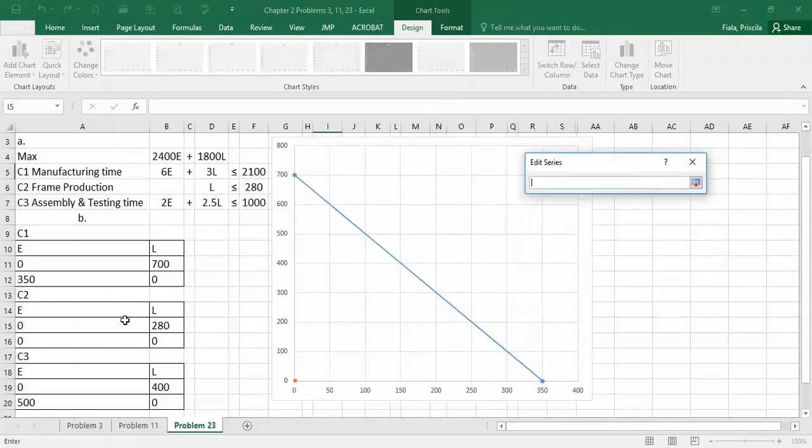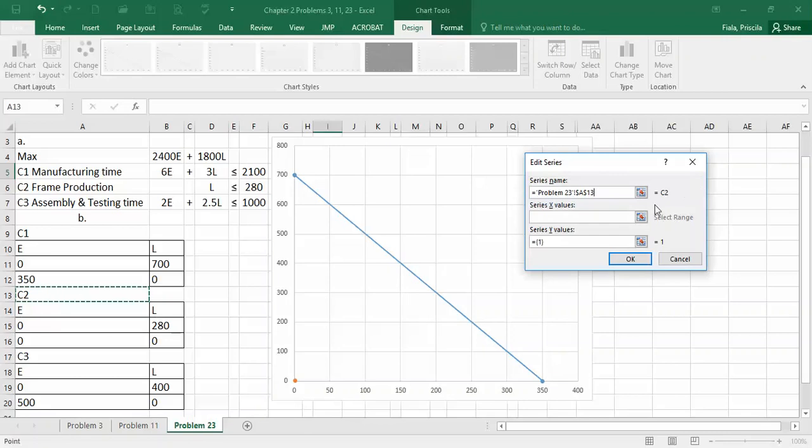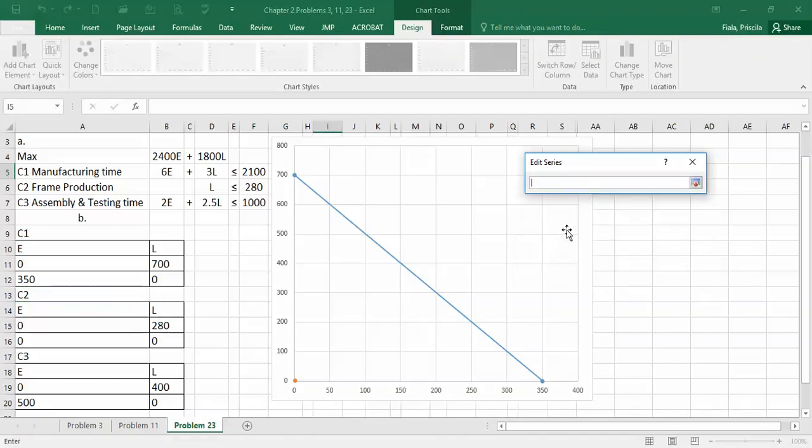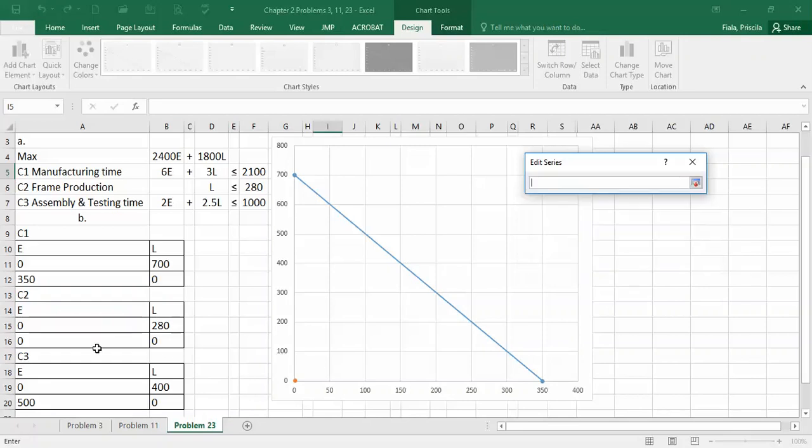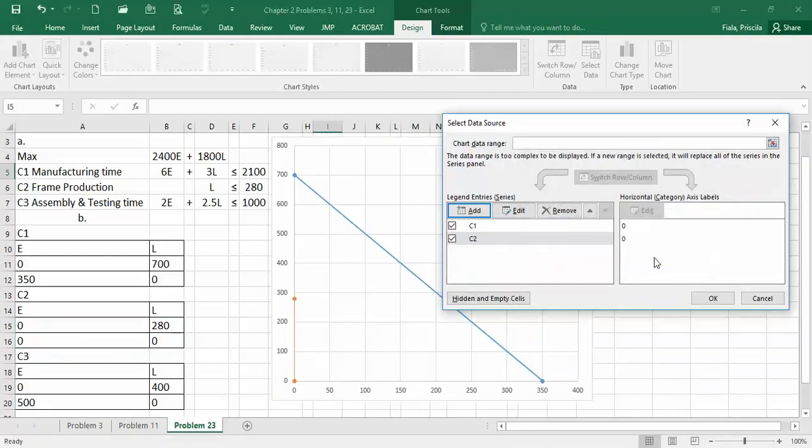Your series name is going to be your constraint 2, and your x values. Do you see how it says right here, x values? So your x values are on this side, and your y values are on this side over here. So you do it, okay, and here we go.